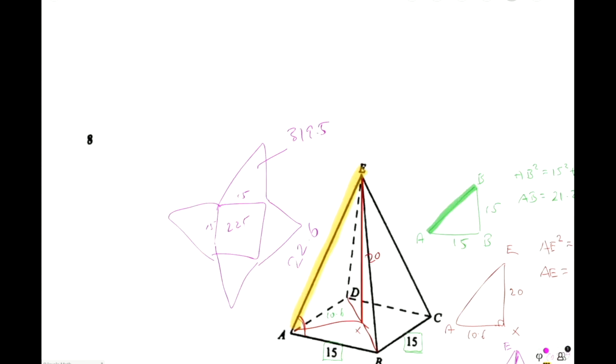So to find the total area, we gotta take 4 times of that plus 225. Good.